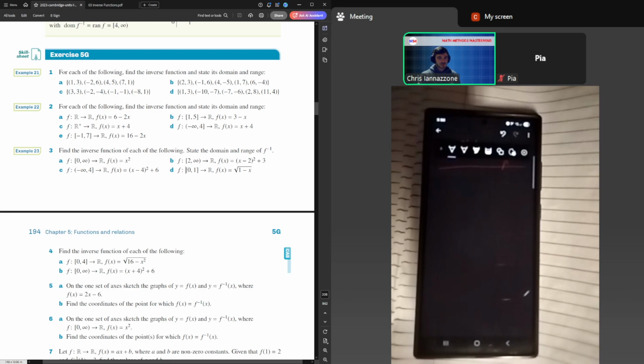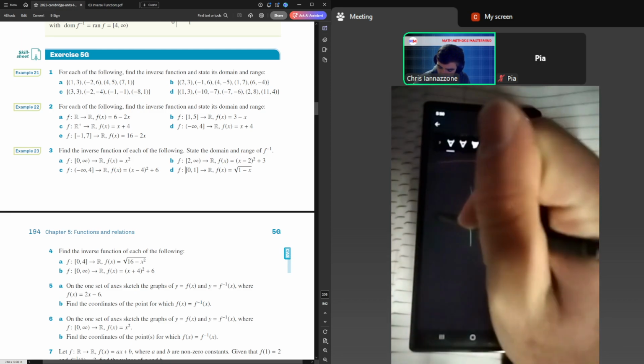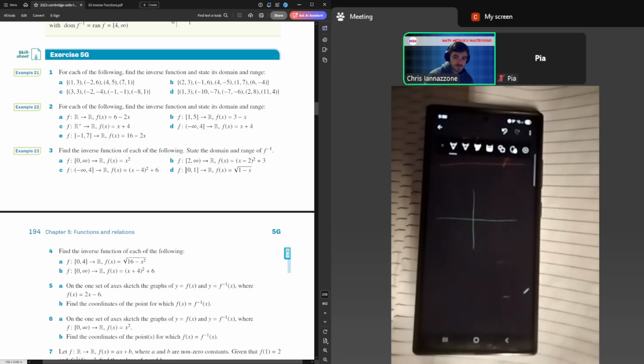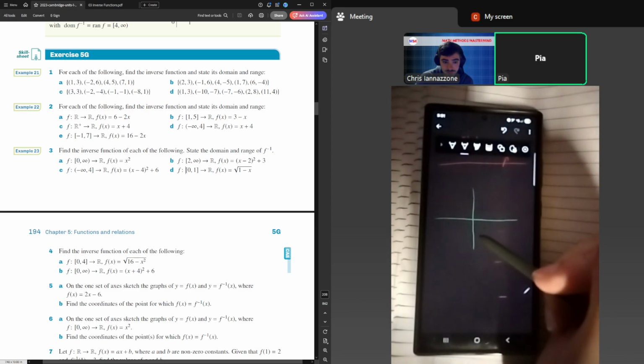The hint would be to think about what it means if you try to take the inverse of something, or find the inverse of something.